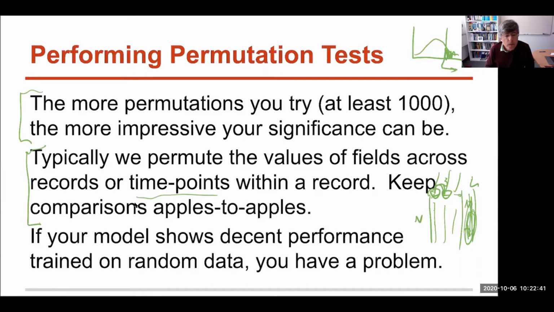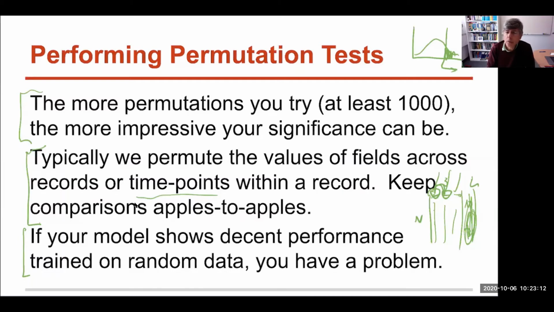If you do a permutation test and you train models on the permuted data and they're doing very well, that is often a sign of a problem in something that you're doing. Because typically if you're building models based on permuted data, you would like it to be the case that there was no ability to predict anything. If you are able to predict from the permuted data, then you've probably got a problem.